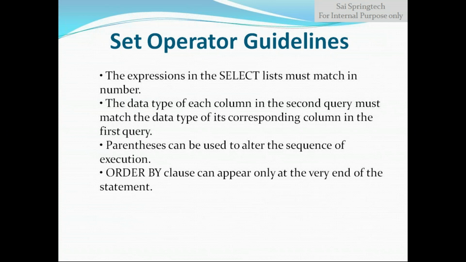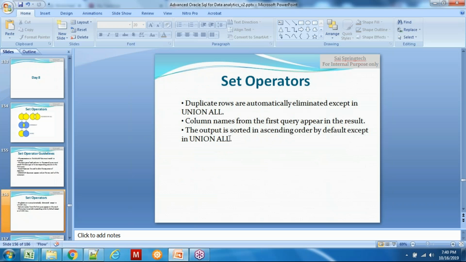The order by clause can come only one time, and that will come at the end of your whole query. So let's say you have one query, then you have the set operator, then you have another query, then at the end you will put the order by clause. All right, let's see how this works.